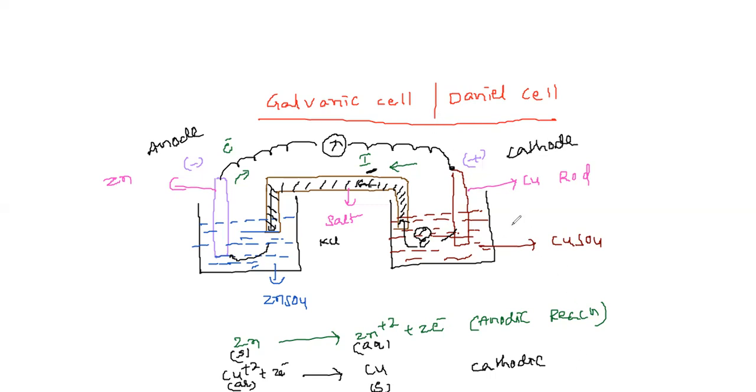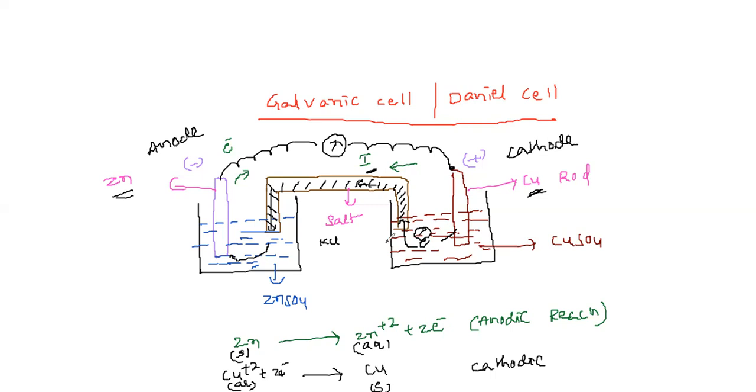In this case, which one is the anode? Always the left side: zinc acts as the anode and copper acts as the cathode. We already know the electrochemical series. Now I will tell you a shortcut to identify the anode and cathode.